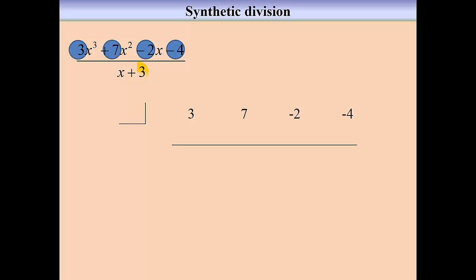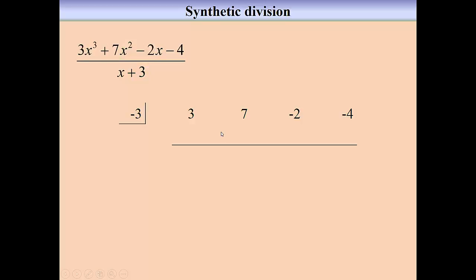We're going to take the bottom, x plus 3, and out front of those coefficients, we're going to write a negative 3. Notice the difference. X plus 3, we use negative 3. And then the process is pretty easy from there.